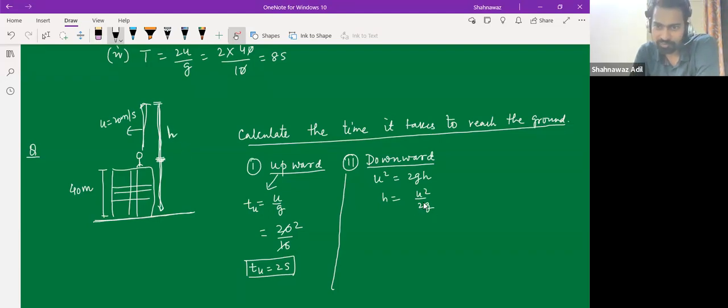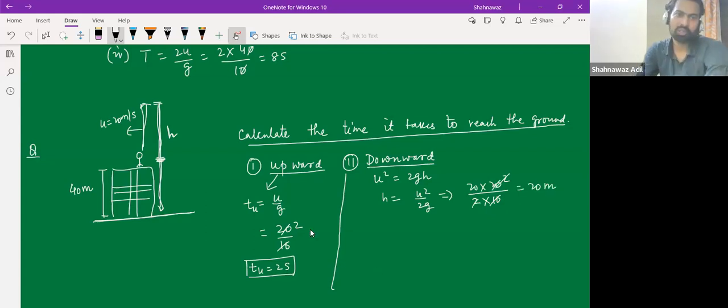Right, this is the height. So this would be 20 into 20 and then 2 into 10. So the 2 cancels and we have 20 meters. Okay, so this is 20 meters, and this is 40 meters.